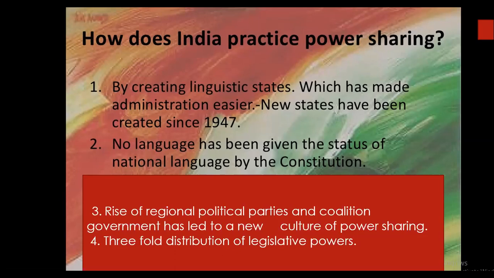For example, if we take Hindi as our national language, we cannot force non-Hindi speaking states to compulsorily speak in Hindi. That's not a proper federal country. So for that reason, our country has not given the status of national language to any language.